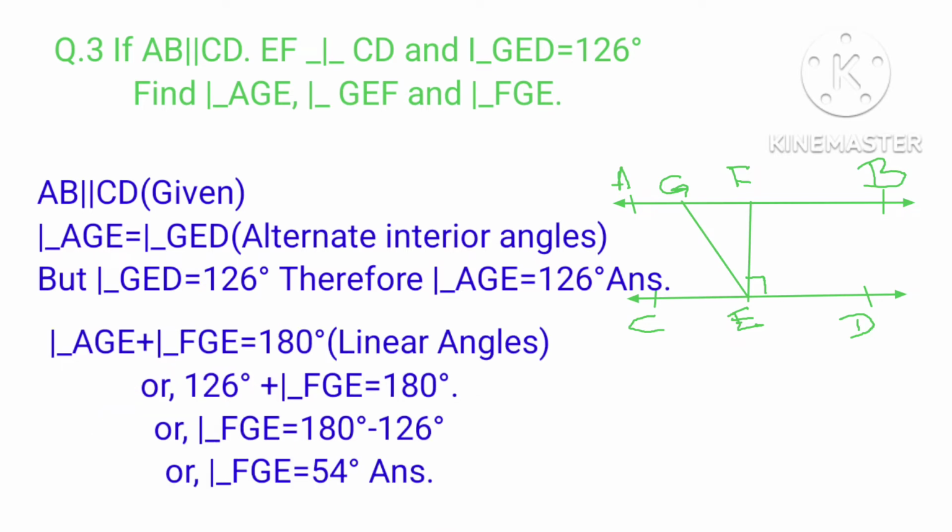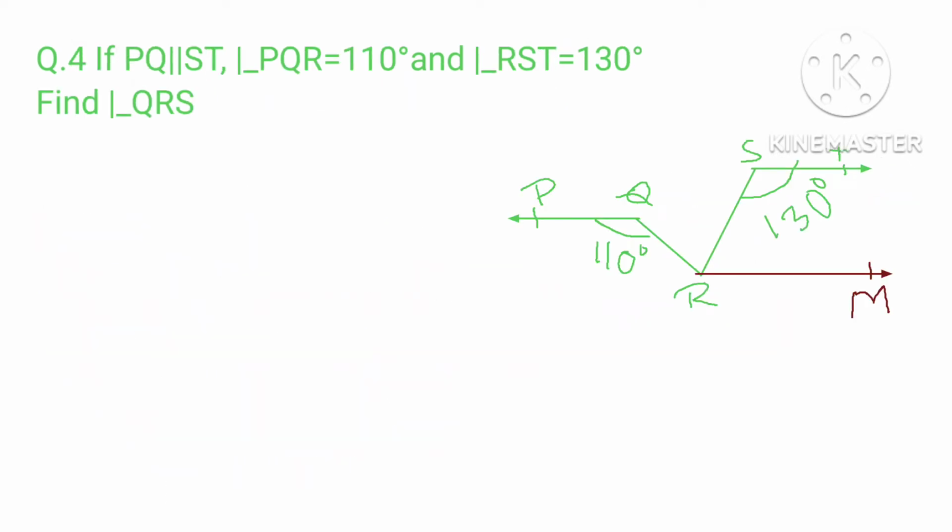Angle AGE plus angle FGE is equal to 180 degree, linear angles, or 126 degree plus angle FGE is equal to 180 degree, or angle FGE is equal to 180 degree minus 126 degree, or angle FGE is equal to 54 degree. Answer.